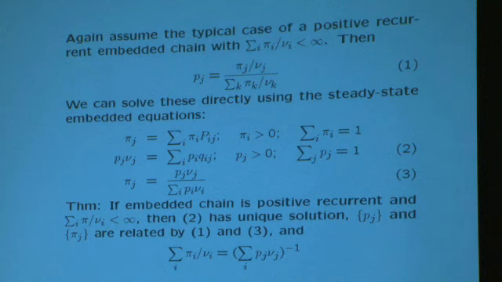If I use this formula here, pi sub j over nu sub j divided by some constant is what P sub j is. So pi sub j is equal to P sub j times nu sub j times that constant.